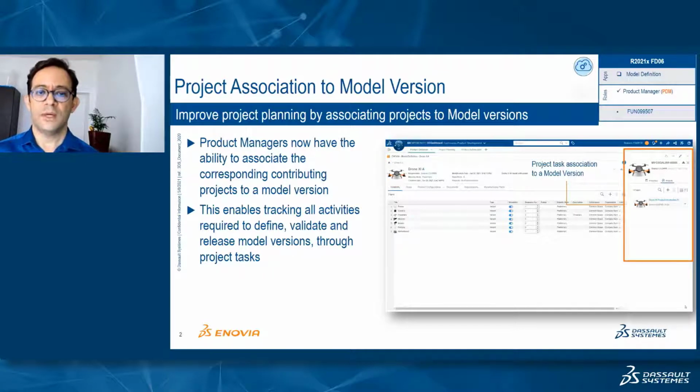So now from within the model version, you can associate a project task directly to the model version, which will allow you to describe the project that corresponds to and will contribute to a specific model version. And this will allow you to track all the activities which are required to define, to validate, and to release that specific model version, again, through the task attachment to a model revision.